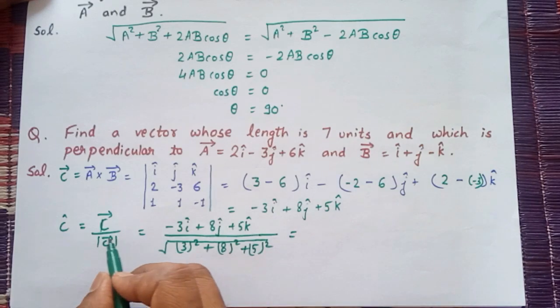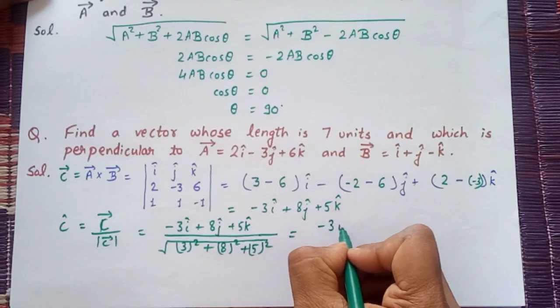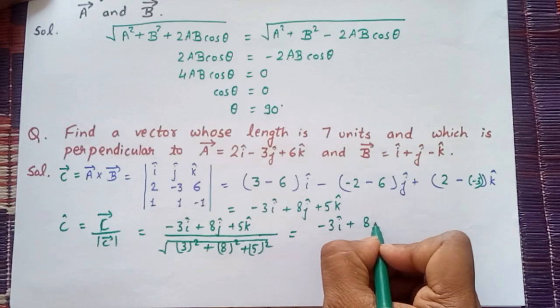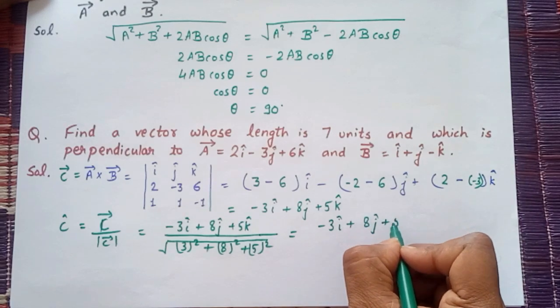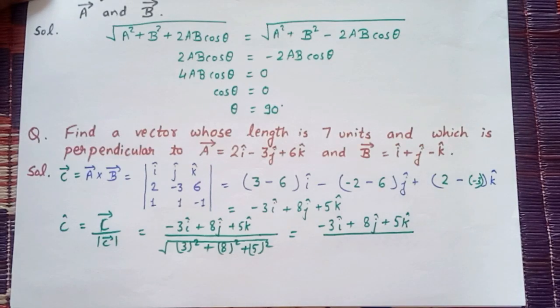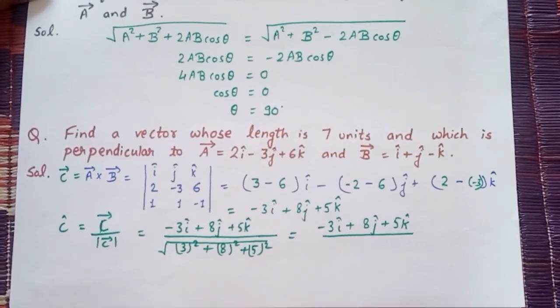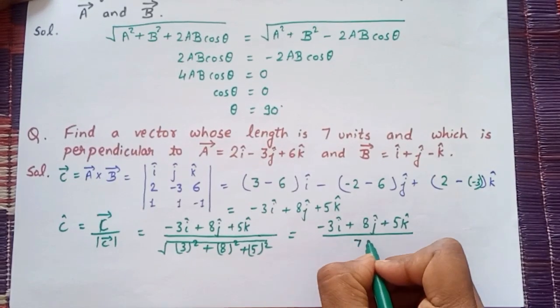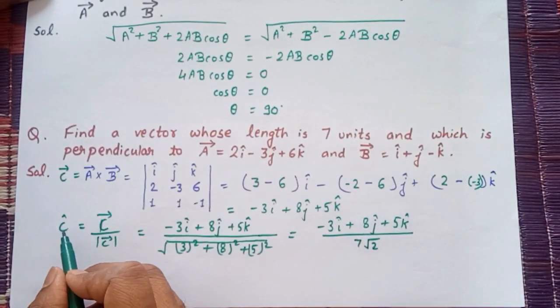This will be equal to minus 3 i cap plus 8 j cap plus 5 k cap, and on solving this we will get 7 root 2.